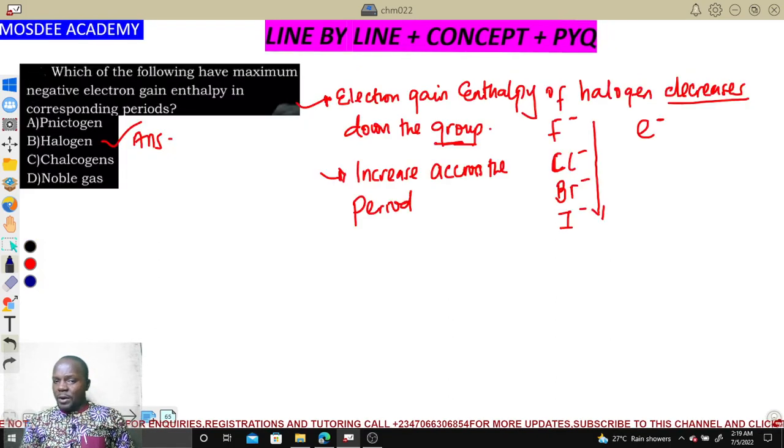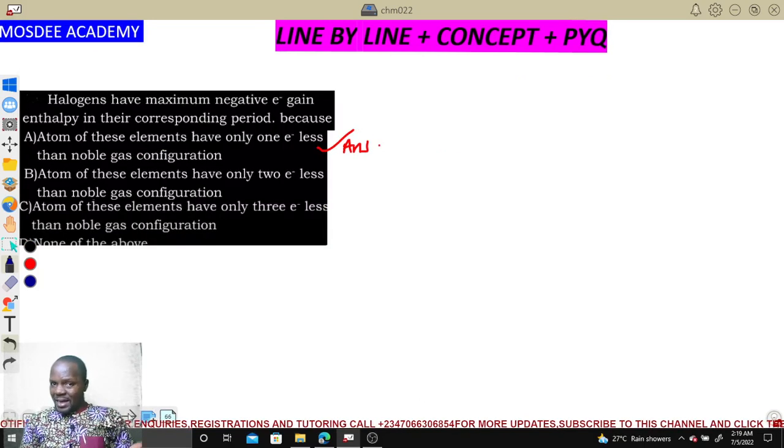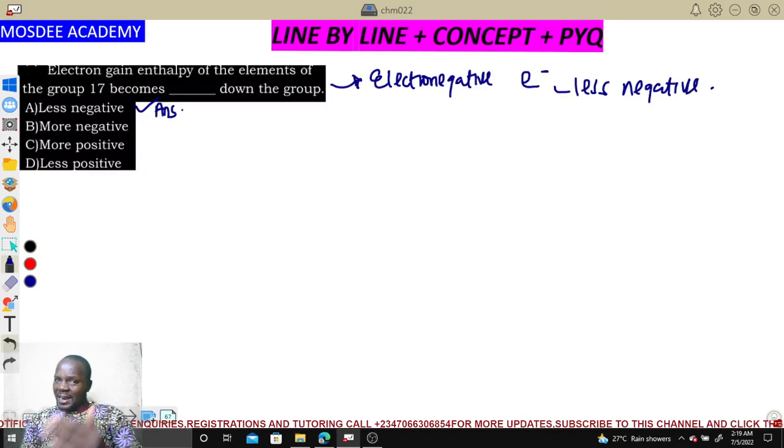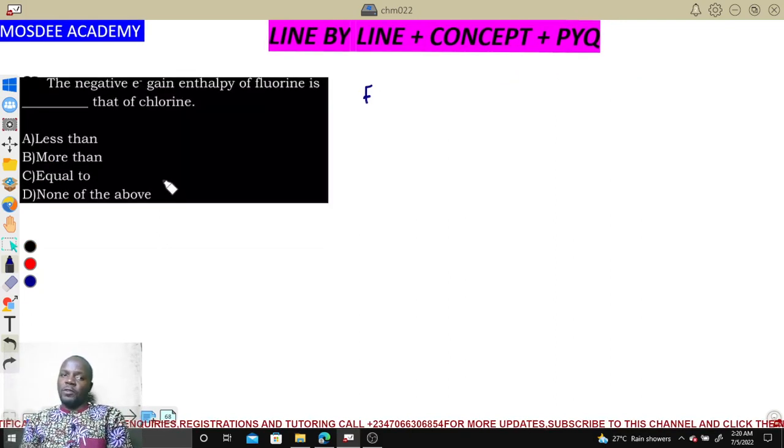So now, the negative electron gain enthalpy of fluorine is dash that of chlorine.